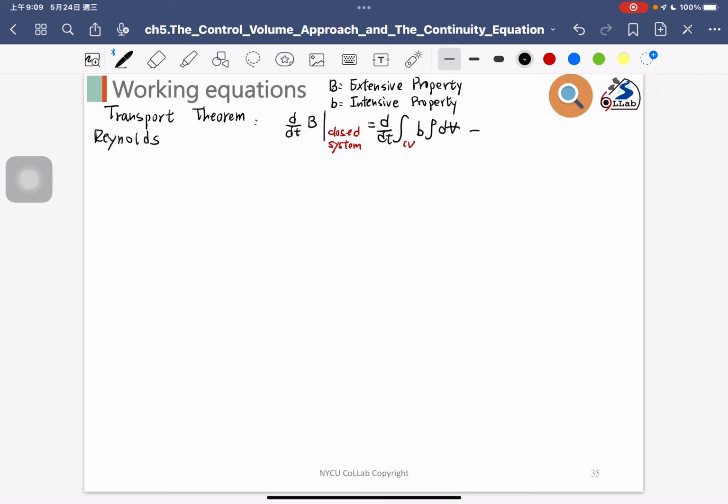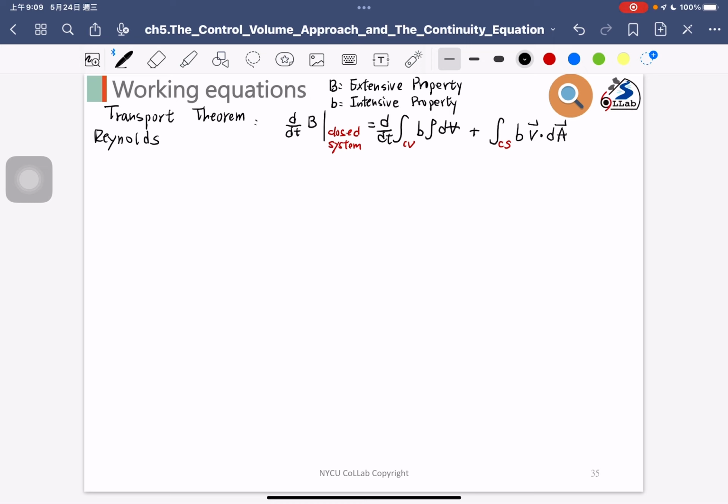Then we add another domain, which we call the control surface. The control surface is the area. We still have the b, and we have the velocity vector dot product with the area, which is a vector, not a scalar.